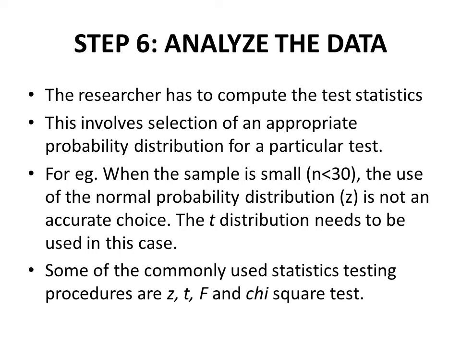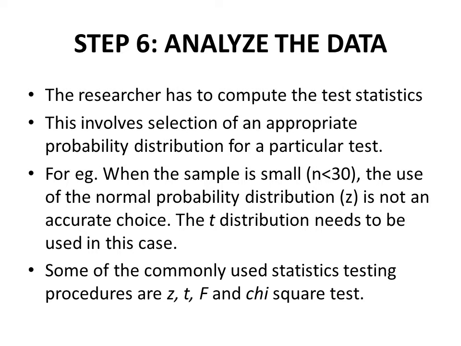First, decide whether the test statistic falls in the acceptance region or in the rejection region. The region of acceptance refers to the range of values that leads the researcher to accept the null hypothesis. If you see this example, when the sample size is less than 30, the use of normal probability distribution z-test is not an accurate choice.